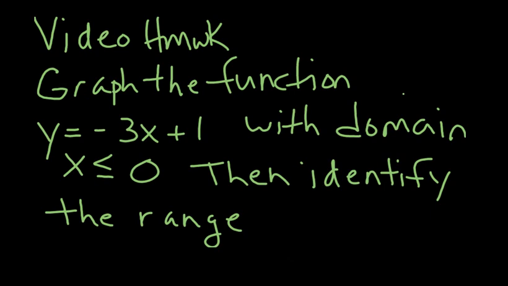Don't use any x's that are positive. Use 0, negative 1, negative 2, negative 3. Okay. Then, after you get it graphed, look at the graph and figure out the range. Look at the y values. Where does it go on the y-axis? Which way is it headed? And you're going to write your range like the x is written.